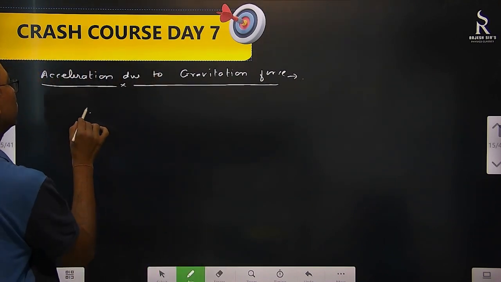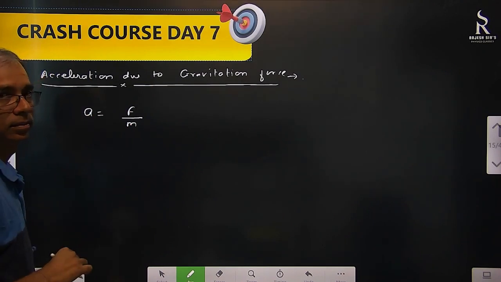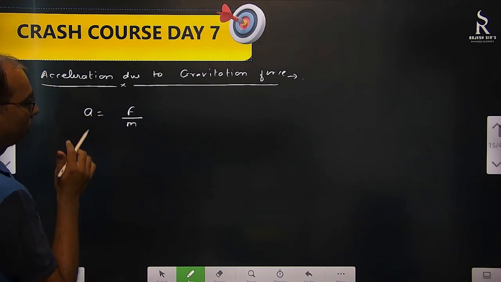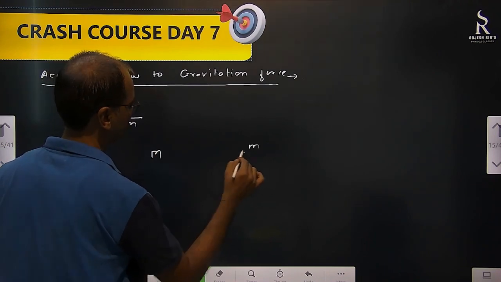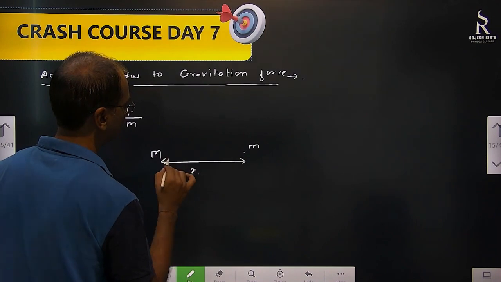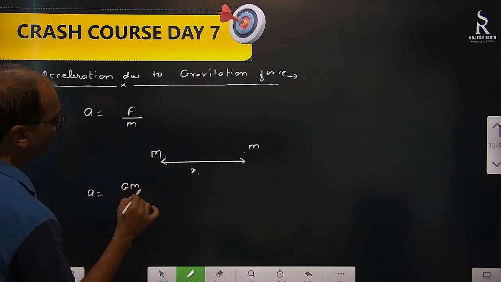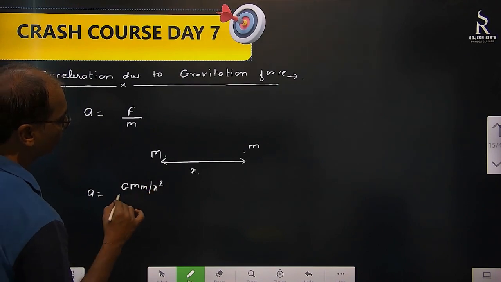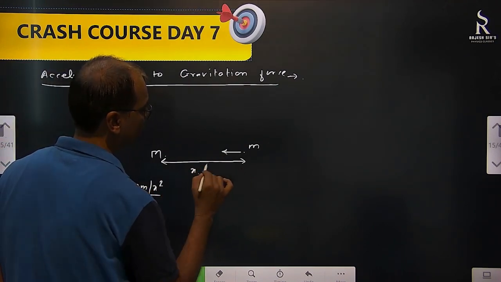Now what is that? Acceleration, you know, is F by m. If we are talking about two particles, let's say M and this is m, with separation x between them, this acceleration is G M m by x square by m. This is the acceleration of this mass, which will be in this direction.